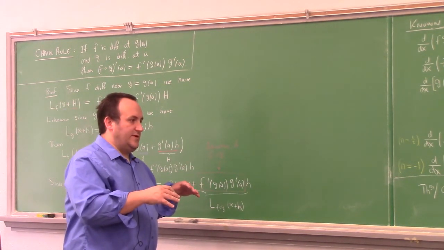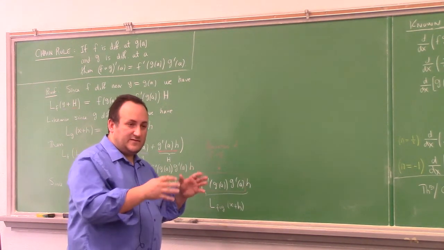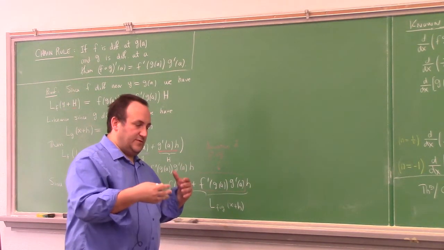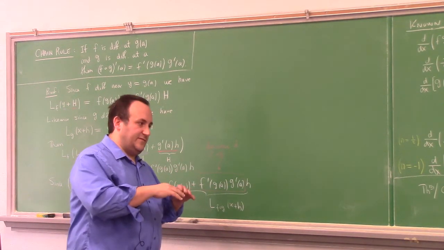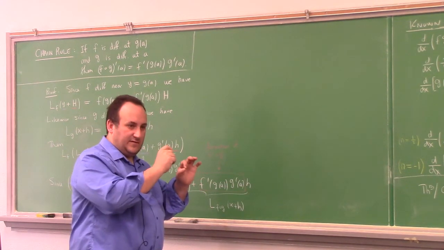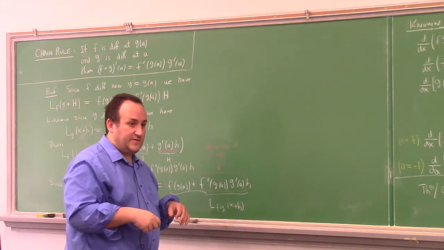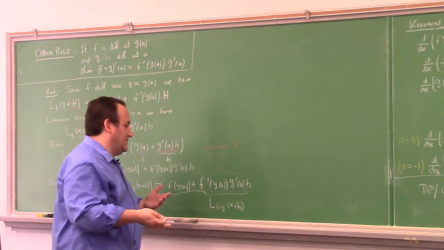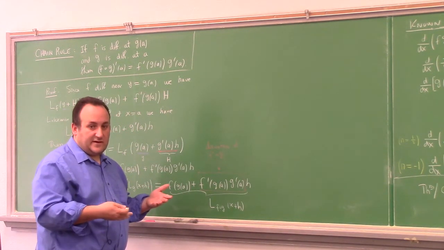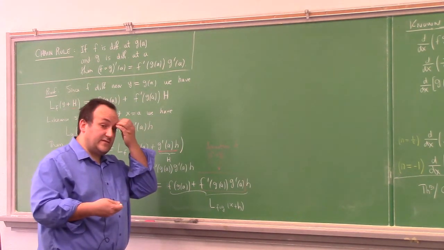And when you compose two functions and you look at the slope of the composite, it turns out that the tangent line for the composite has a slope which is the product of the slopes of the tangent lines of the functions being composed. And this is really just a consequence of the fact that the slope of a composite of two linear functions is the product of the slopes.